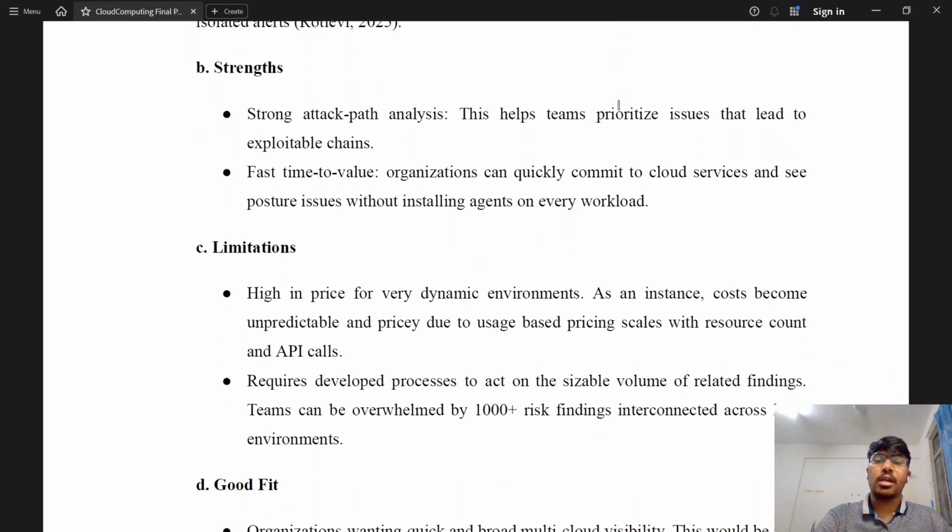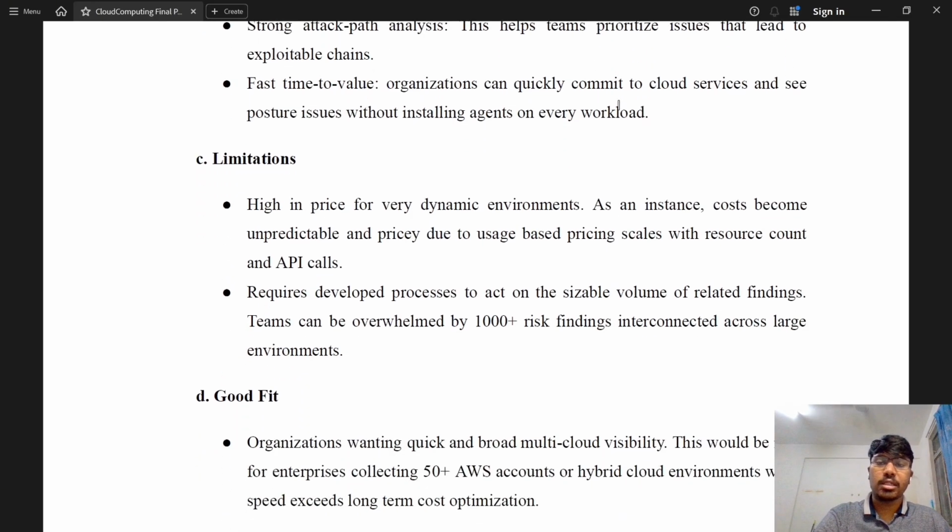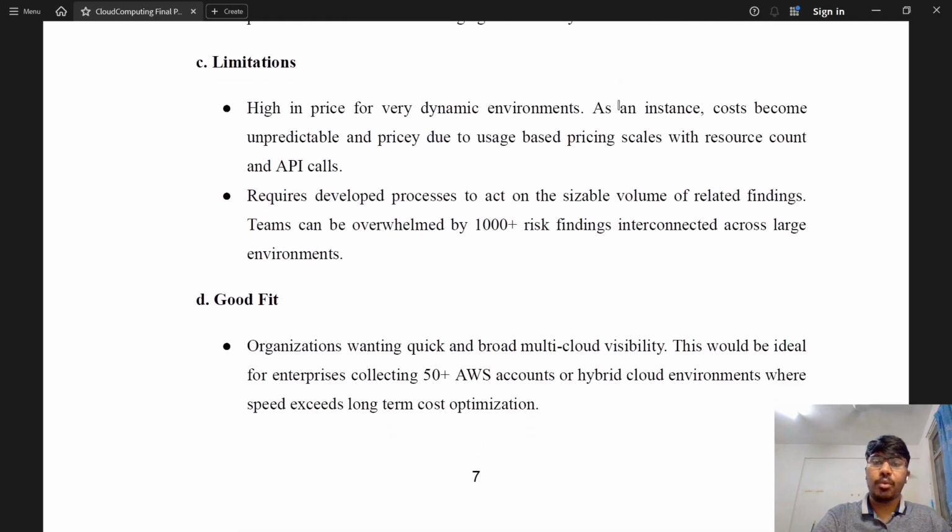There is high cost in dynamic environments due to usage-based pricing and overwhelming findings. Teams get 1,000 plus alerts without a proper process. It can be a good fit for large enterprises with 50 plus AWS accounts and DevSecOps using infrastructure as code and GitOps.